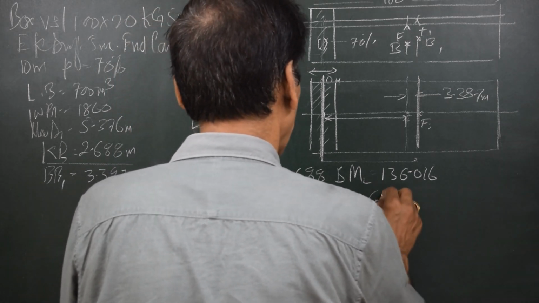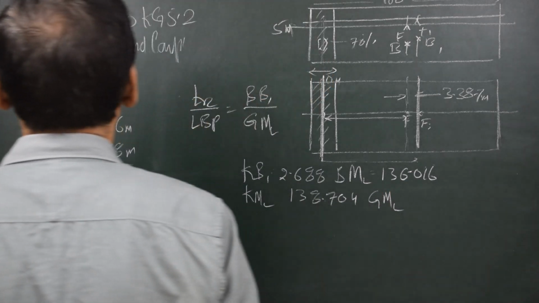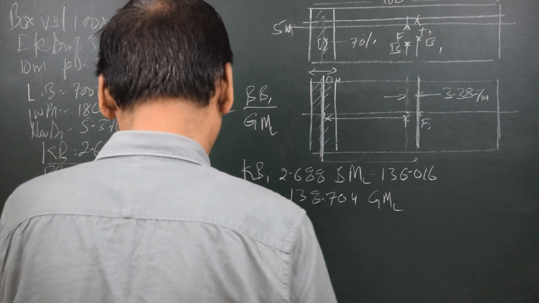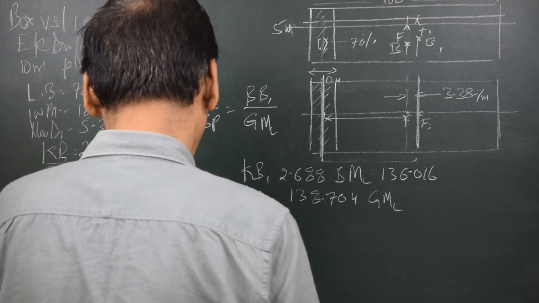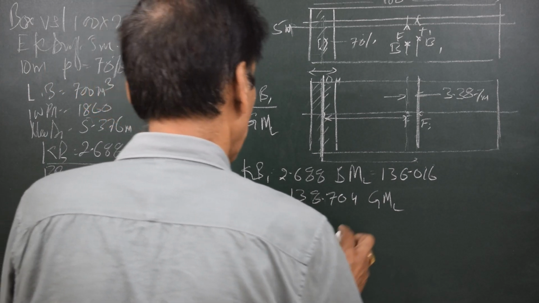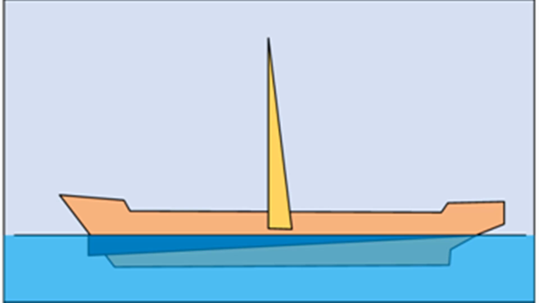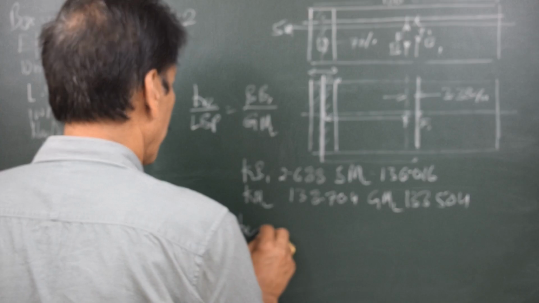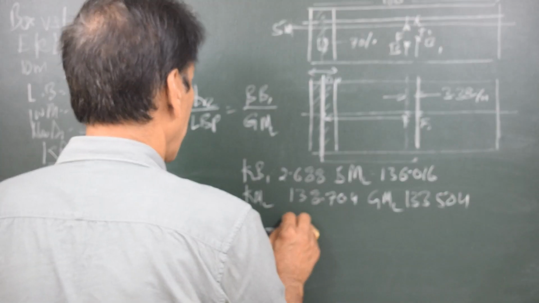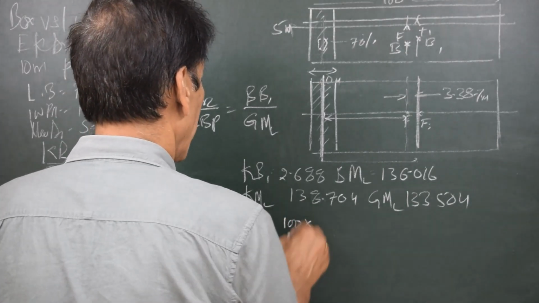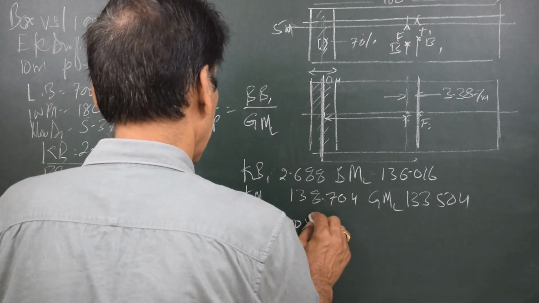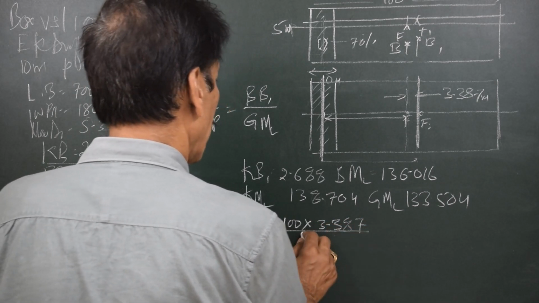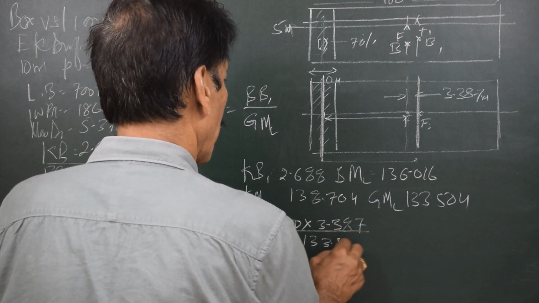So what is GML? I must subtract KG from this. The KG of the ship was 5.2, so I minus 5.2. I get 133.504. Now trim change should be equal to LBP, that is 100, into BB1, that is 3.387, divided by GML, that is 133.504.